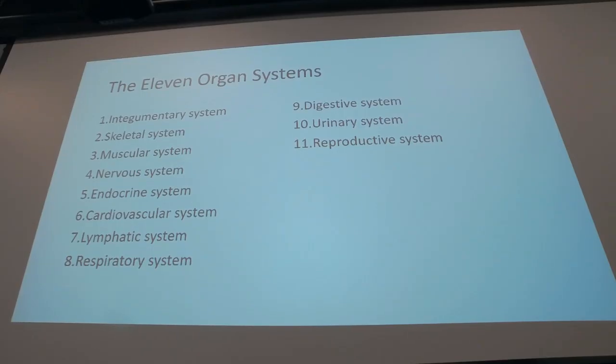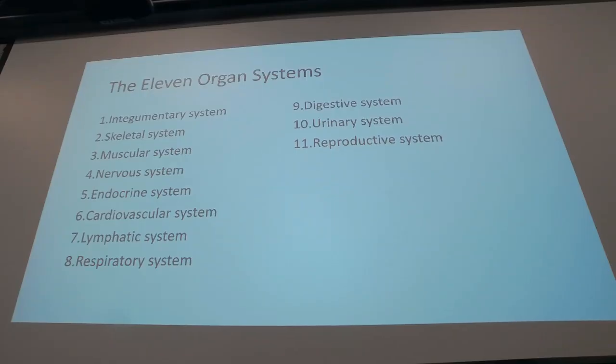Digestive system includes many organs, including our teeth, salivary glands, the tongue, our mouth itself is part of the digestive system, the pharynx, the esophagus, the stomach, duodenum, jejunum, ileum, the colon, large intestine, and then accessory organs like the pancreas, like the gallbladder, the liver.